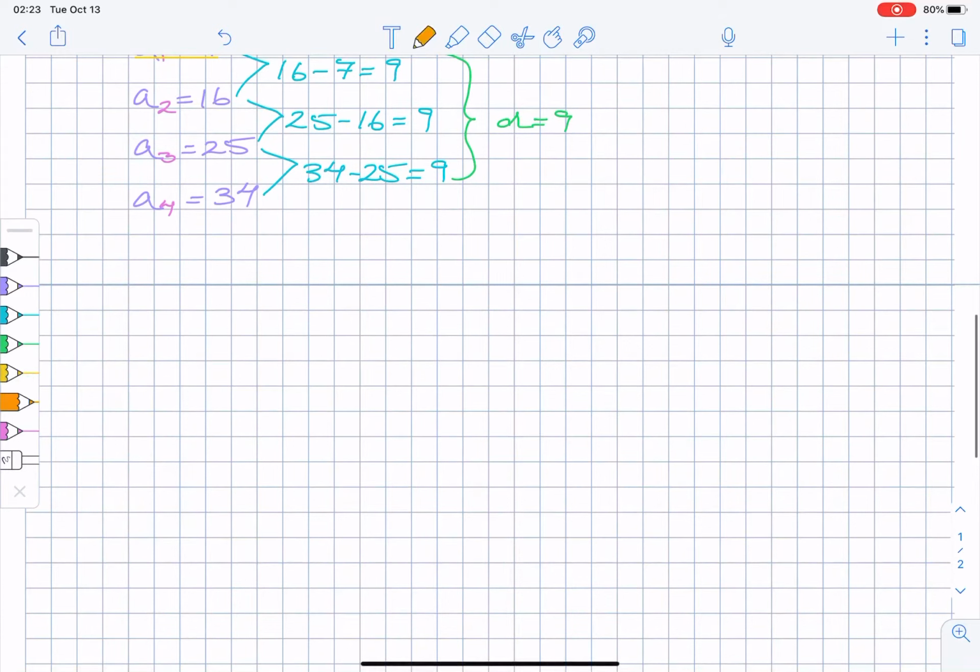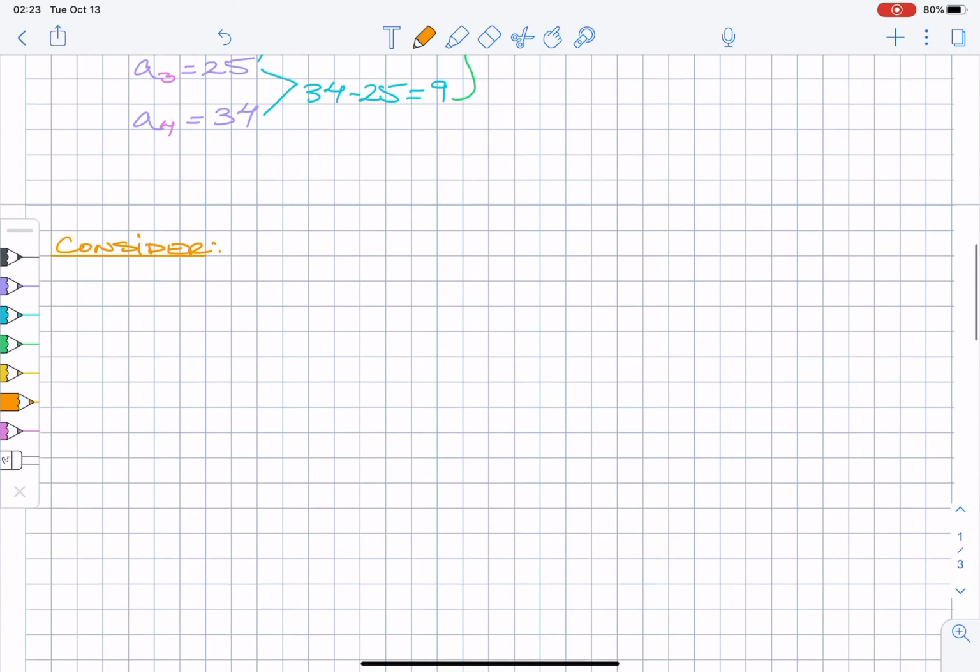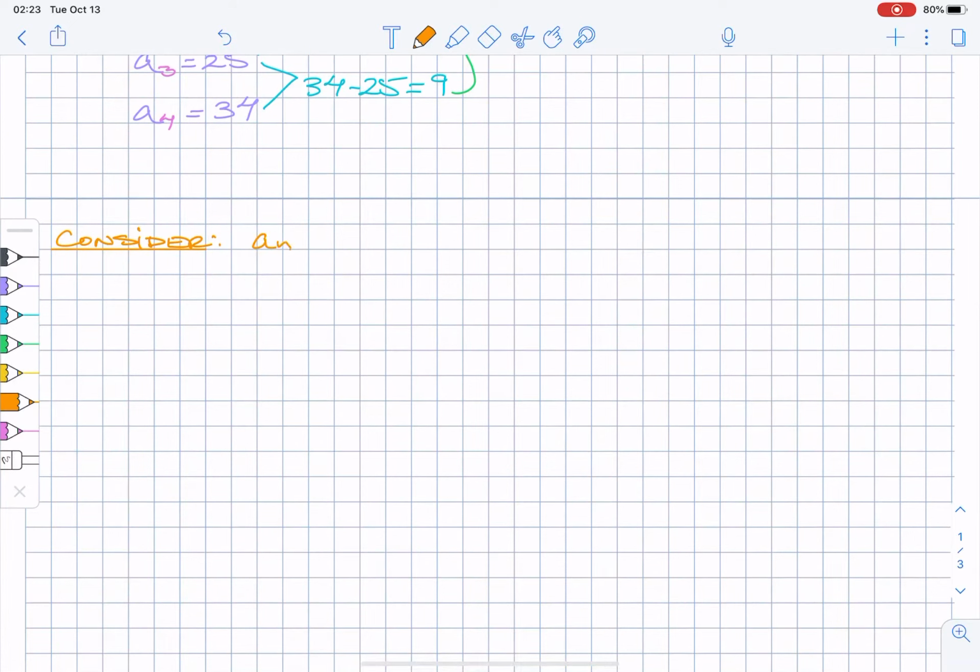So let's consider the following. Consider a sub n equal to a1 plus the quantity n minus 1 times d. So that's going to be a1 plus, and what I'm going to do with n minus 1, I'm going to add in 1 and then subtract it right back out, so I'm not changing anything.